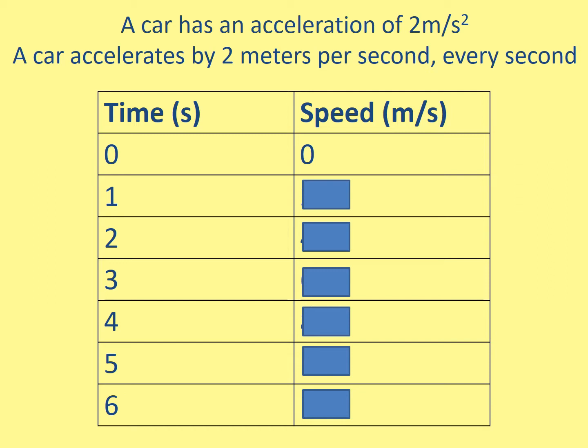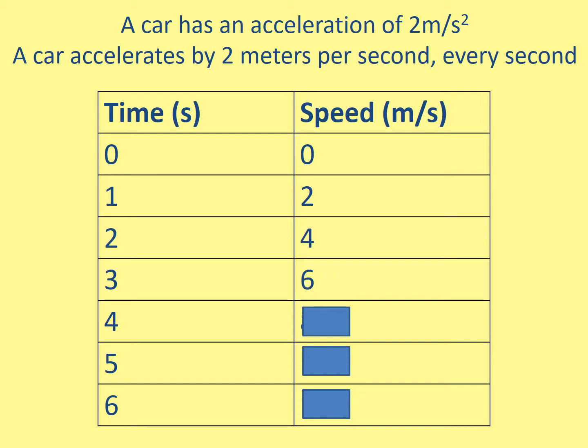Now let's assume that this car at time 0 starts at 0 meters per second. If it increases its speed by 2 meters per second every second, then after 1 second it's going to be going at 2 meters per second. If it increases its speed by another 2 meters per second every second, then after 2 seconds it's going to be going at 4 meters per second. And after 3 seconds, it's going to be going at 6 meters per second.